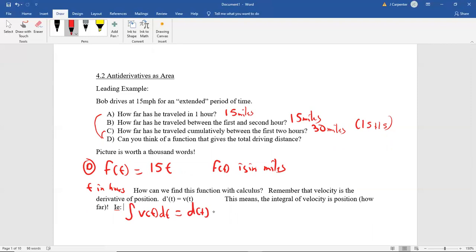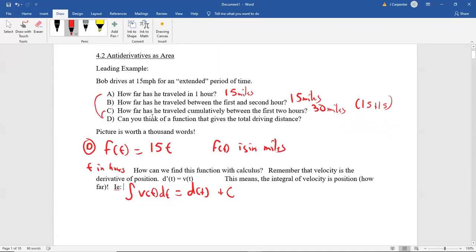Now, when you integrate, of course, you've got this integration constant thing going on. So this suggests that if we integrate 15, which was the velocity, it's a constant speed, there's no variable with it. Our velocity was 15. So if we integrate this, we should be able to get a function that would tell us our position.